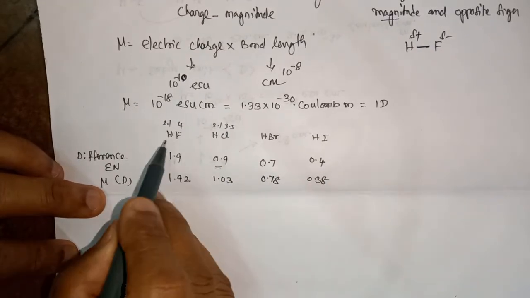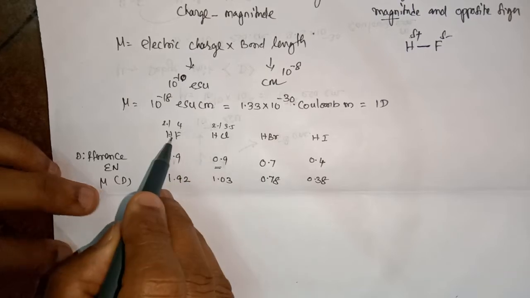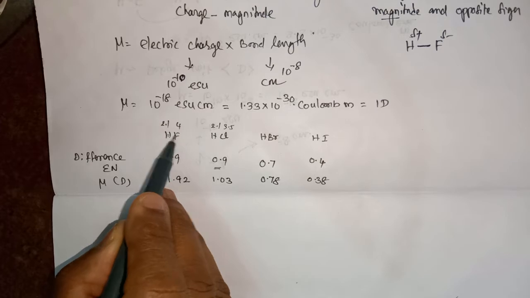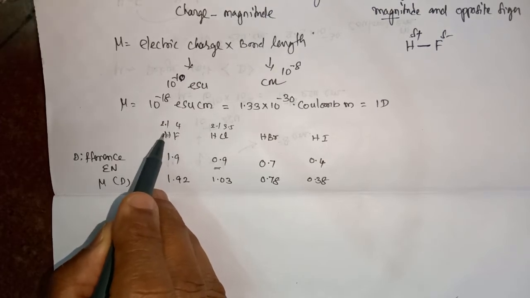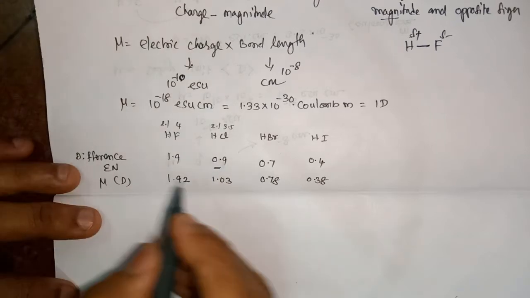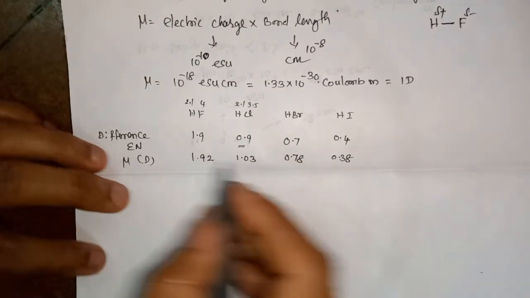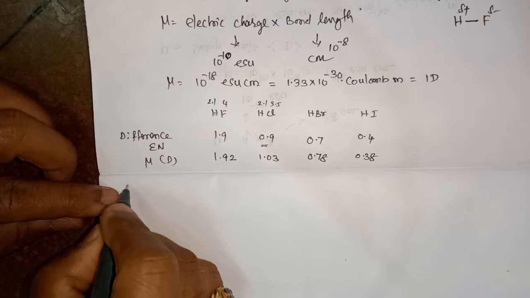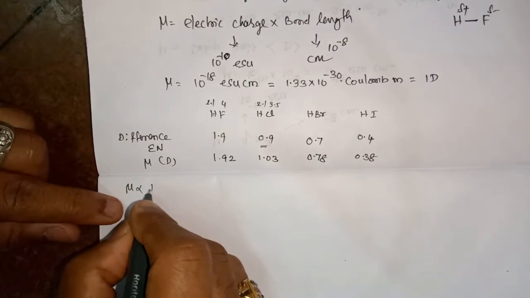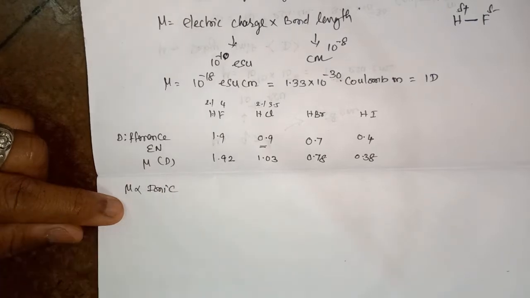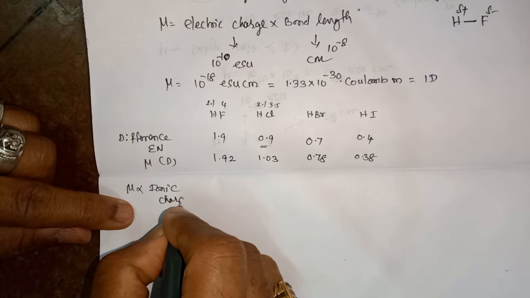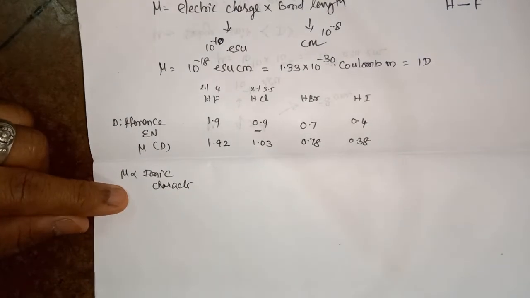Compared to this, HF has higher polarity. Higher polarity means the plus and minus charges on hydrogen and fluorine are more than in the others. So the mu value is directly proportional to the electronegativity difference, as well as to the ionic character or ionic percentage.